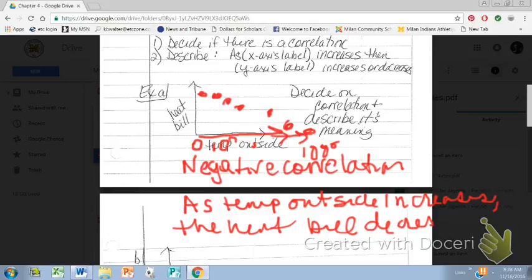And that would definitely make a negative correlation, because as one is increasing and the other is decreasing, that is a negative correlation.